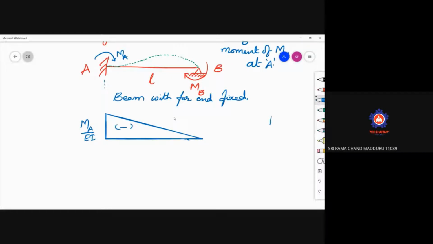Because on a beam, the moment is trying to act like this, so it deflects like this. So this is the M by EI diagram of MA.